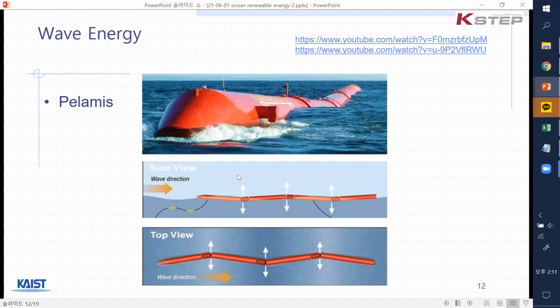When the wave is up and down, the whole body moves up and down together, so it looks like a snake moving. By utilizing this movement, you can generate electricity. Let's see the video.